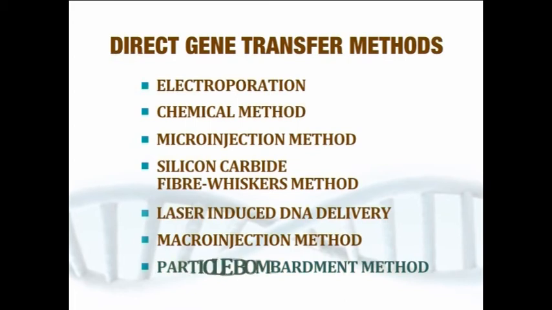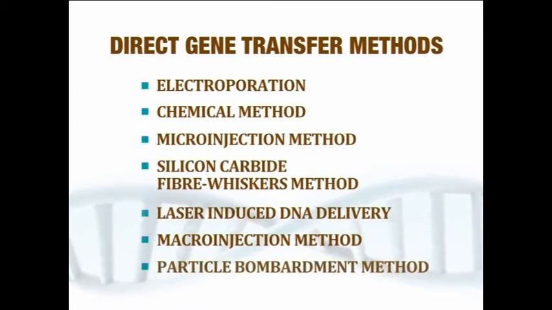Now we have the particle bombardment method. This method involves the bombardment of microscopic tungsten or gold particles of 1 to 3 micrometer in size coated with DNA to such velocity which enables their entry into plant cells or nucleus.